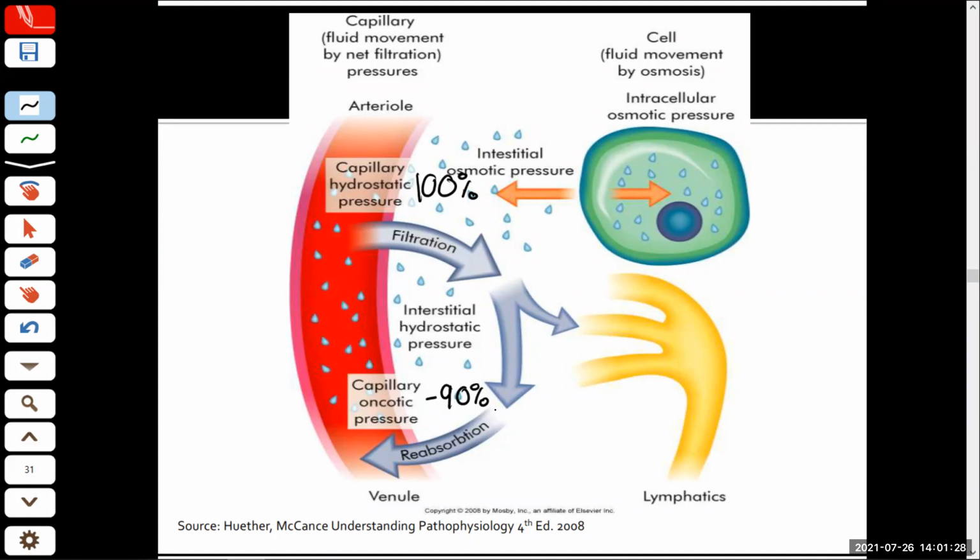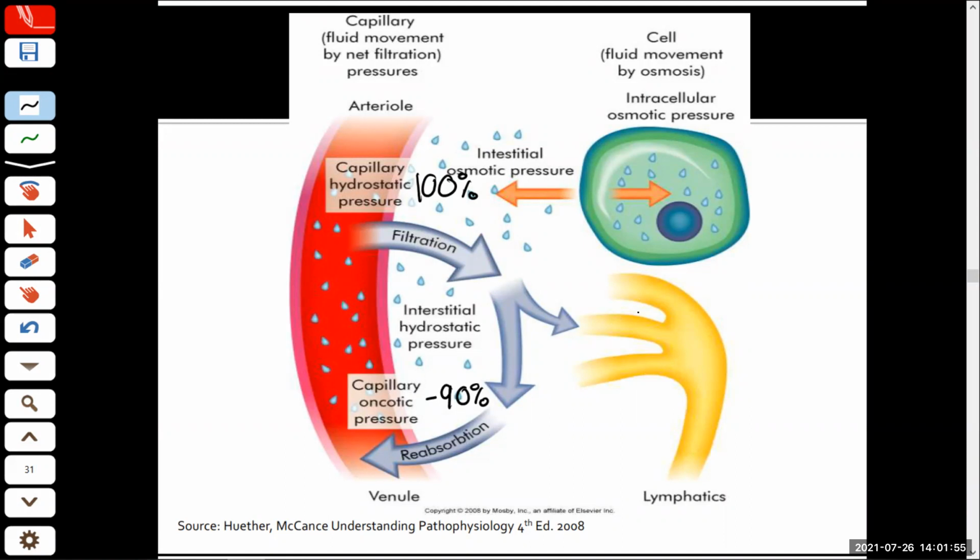It's bad. Why? That 10% will accumulate over time. That 10% means I have more and more water in between my tissues, in between my cells. What's going to happen to my tissues if I have a bunch of water? Swelling, and we call that edema. I need some way to get rid of this last 10%, else I'm going to look like a marshmallow.